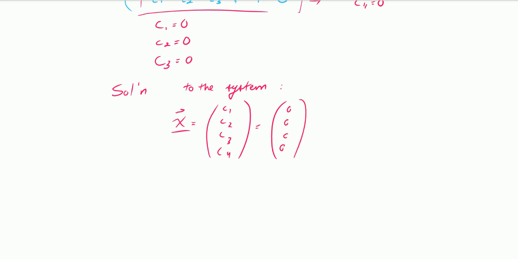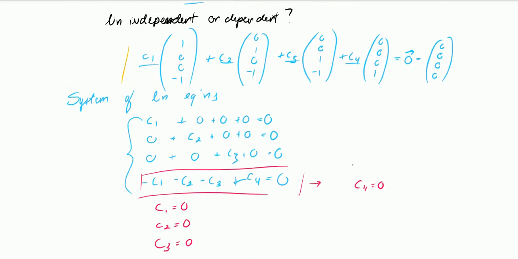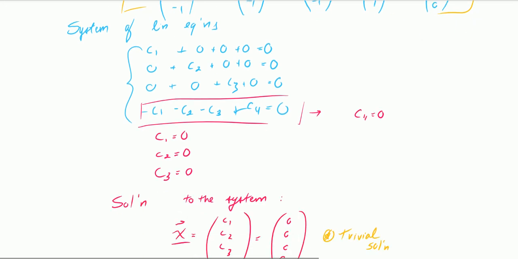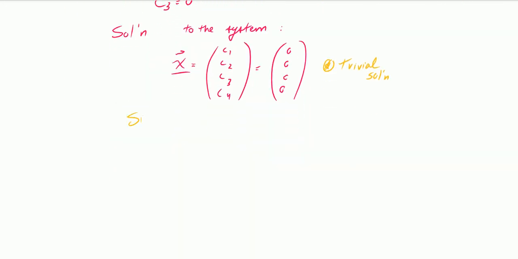In other words, this is the trivial solution. Since the solution is trivial, you can conclude that my set is linearly independent. Okay? So let's do another example.